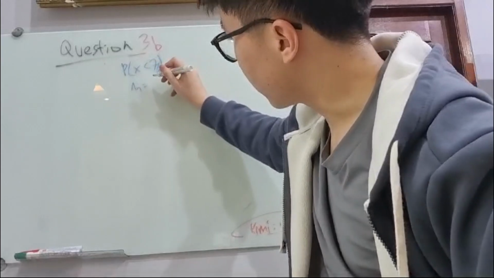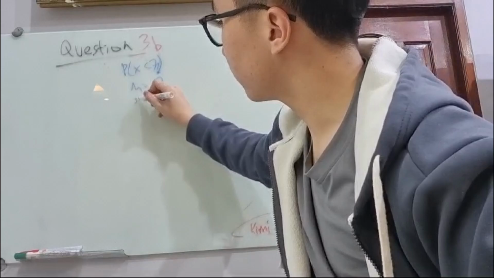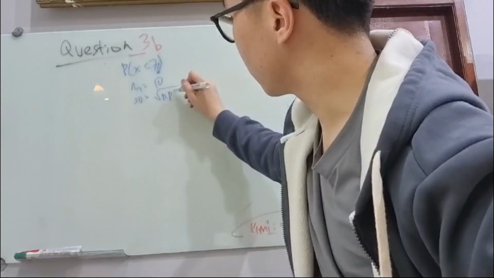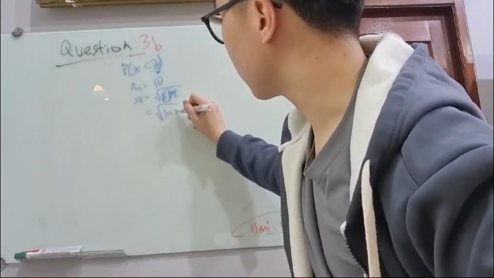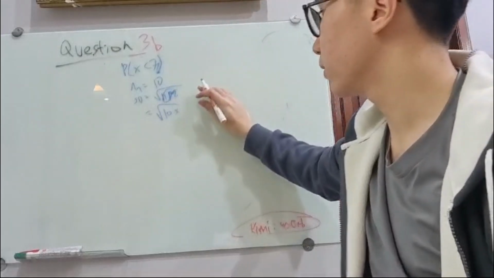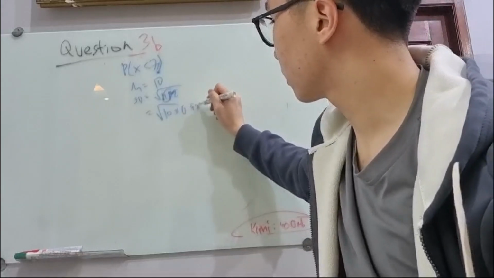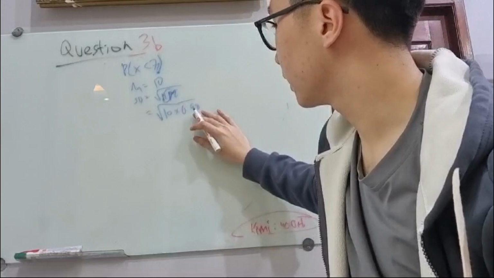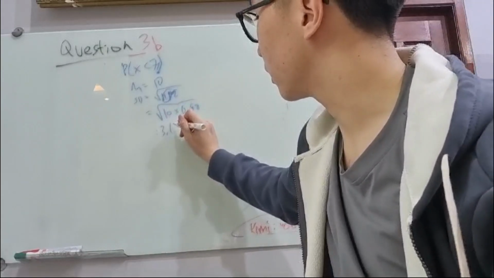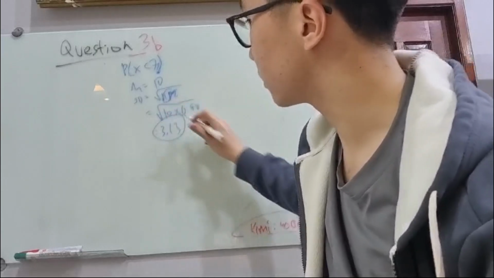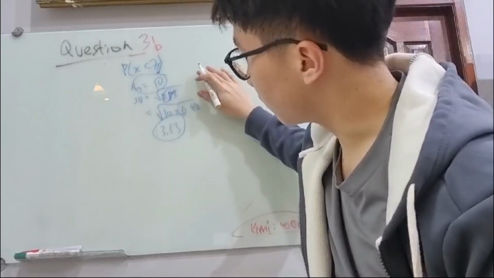So the mean, as we've now calculated, is 10, and the standard deviation is just the square root of npq, right? np is the same as the mean, so just 10 times the probability of failures, which is 0.98, and then we get a value of 3.13 for the standard deviation.